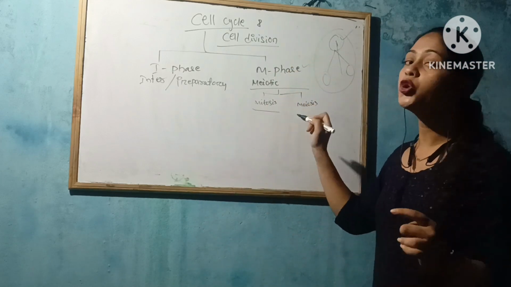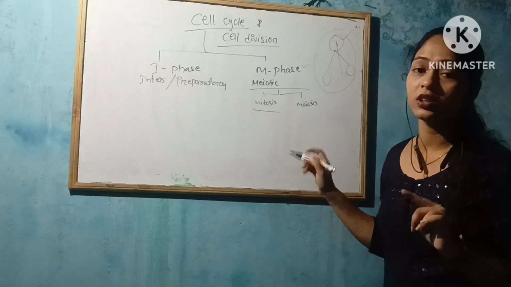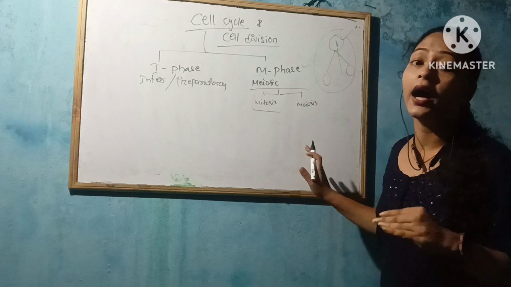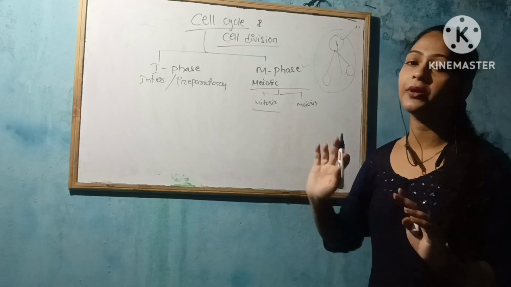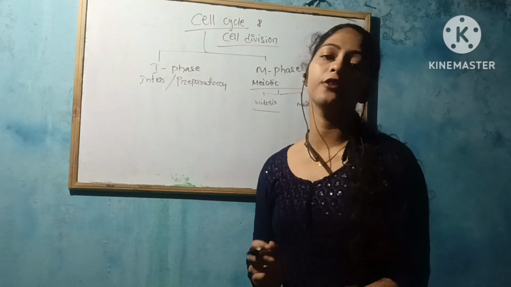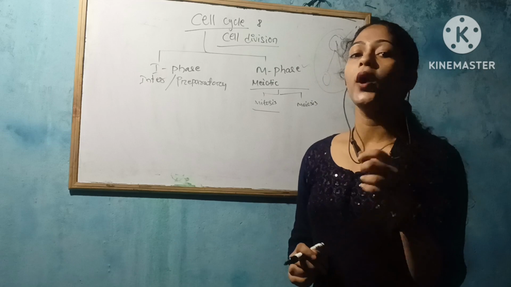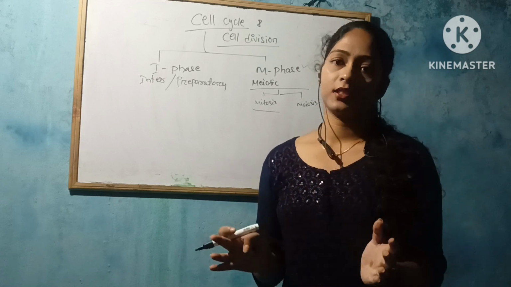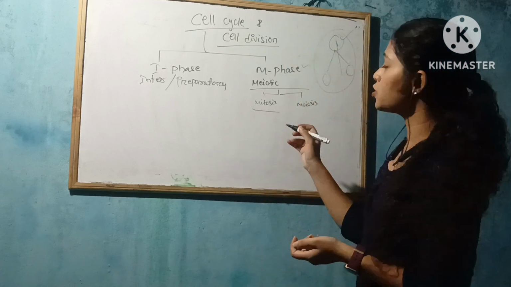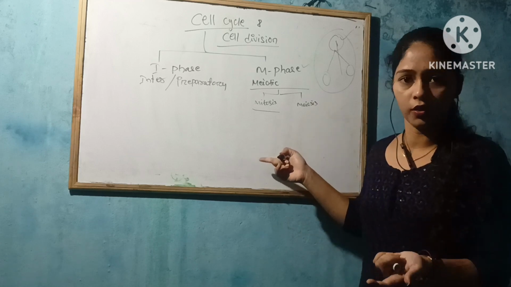But in order to perform mitosis or meiosis, that cell has to go through a phase before, that is the preparatory phase or interphase. Then why is the preparatory phase important or necessary? When a mother cell divides itself in mitosis, all of you know mitosis is an equational division, right?